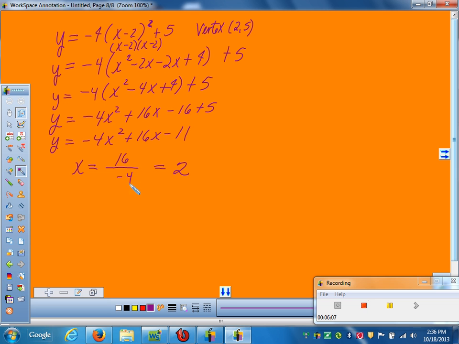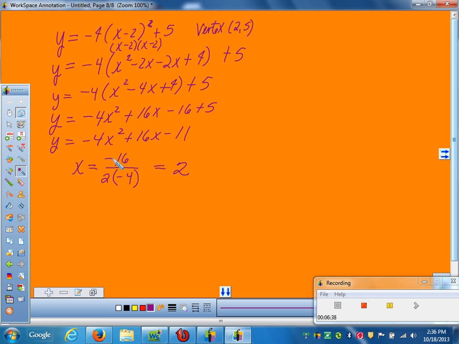I would need to times the bottom times 2. So if I did 2 times that, that'd be 16 over negative 8, that'd be negative 2. So yes, somewhere I need to add a negative in there. They actually throw it on the top when they do it. They take the middle number here, the 16, and they change the sign on it.